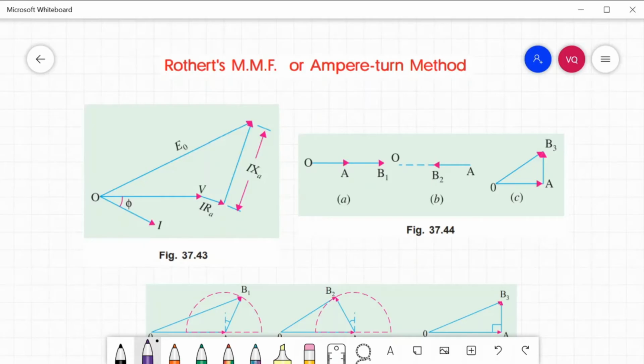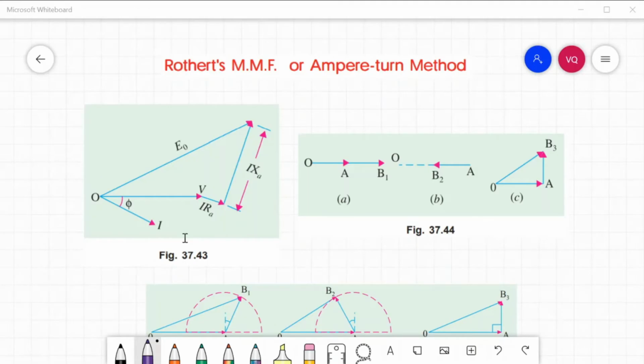In figure B, if the power factor is zero leading, the armature reaction is wholly magnetizing. Hence, in that case, the field ampere turn required is OB2, which is less than OA by the field ampere turn AB2 required to produce full load current on short circuit.